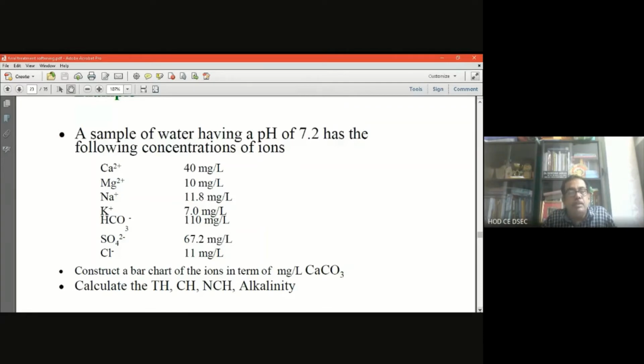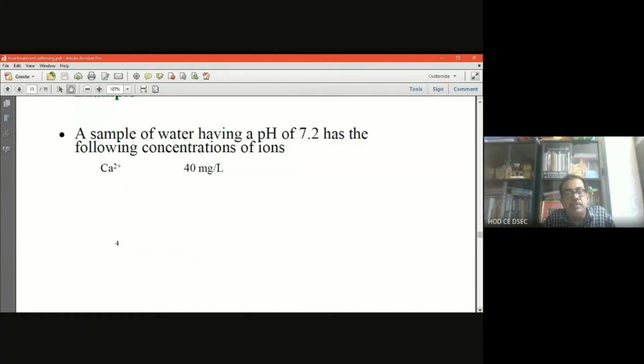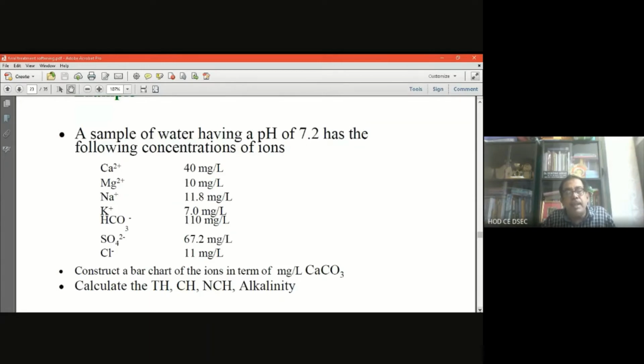With the given pH of the solution, what you have to do is construct a bar chart of the ions in terms of milligram per liter CaCO3, and calculate the total hardness, carbonate hardness, and non-carbonate hardness. Alkalinity is not in the purview of this problem.